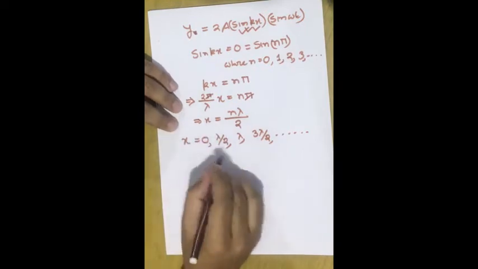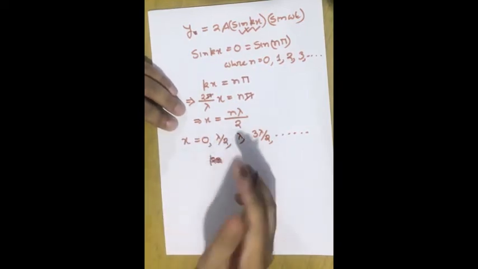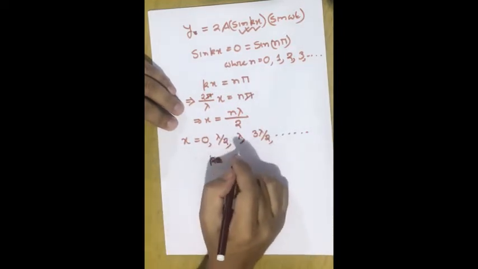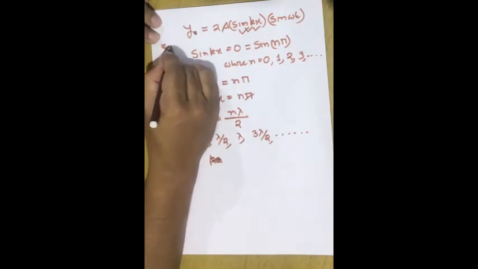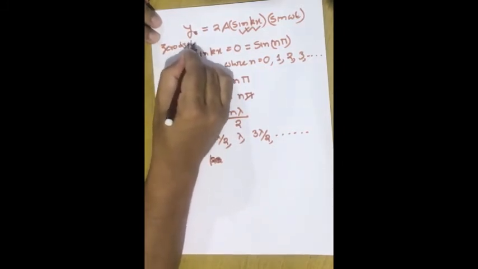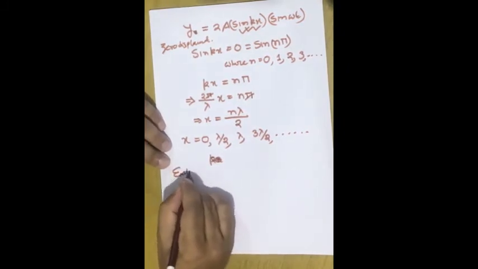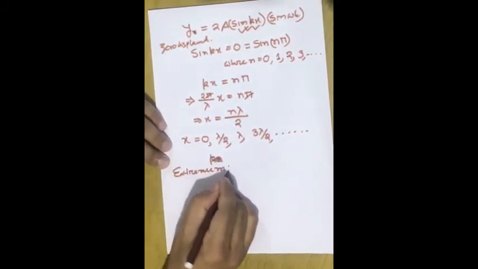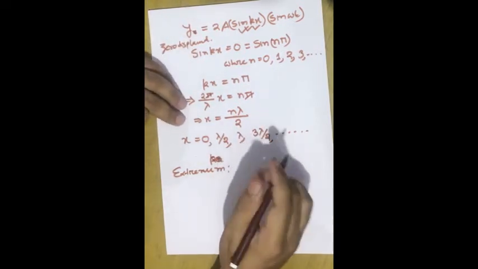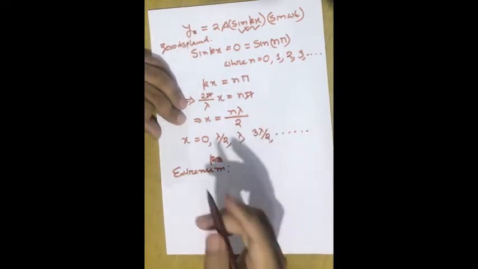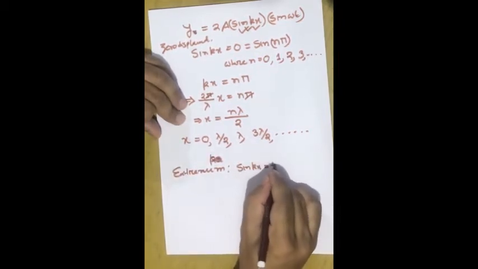Okay, and when will we get the maximum displacement? This is for zero displacement, not minimum, that's zero displacement. And for the extremum point, extremum means this sine kx has to be plus or minus 1, because the whole range of sine is between +1 and -1. So sine kx is equal to plus or minus 1.